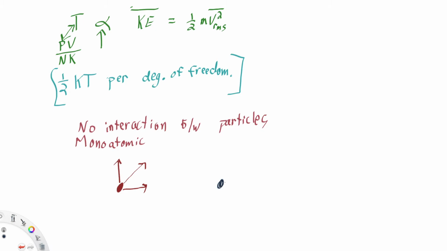A diatomic molecule, say like oxygen, has also 3 translational degrees of freedom. But there are other ways that the particles can move as well. They can oscillate toward and away from each other. They can rotate. The whole molecule can rotate. So here, there are 5 degrees of freedom.